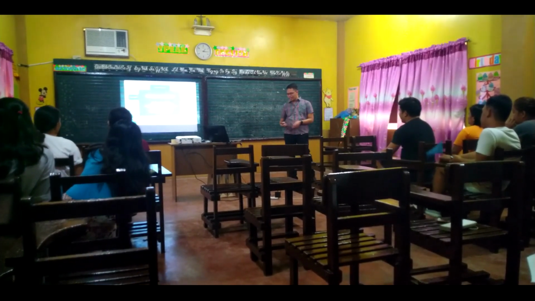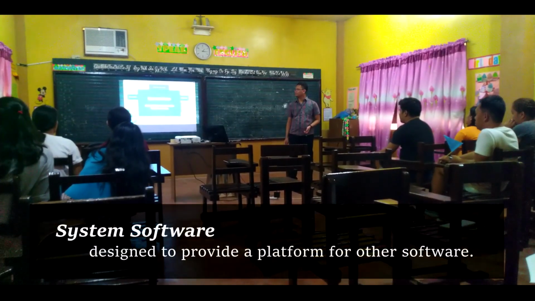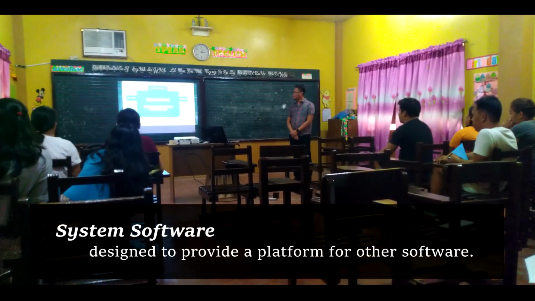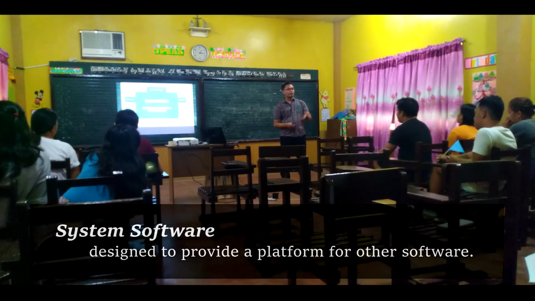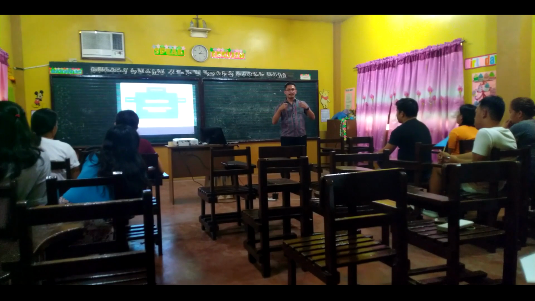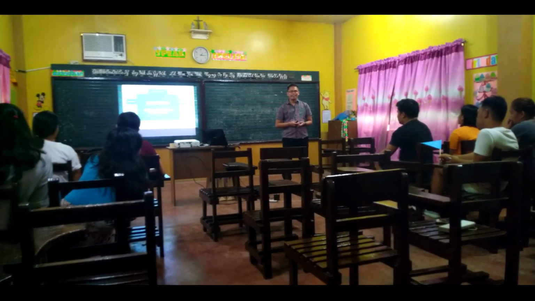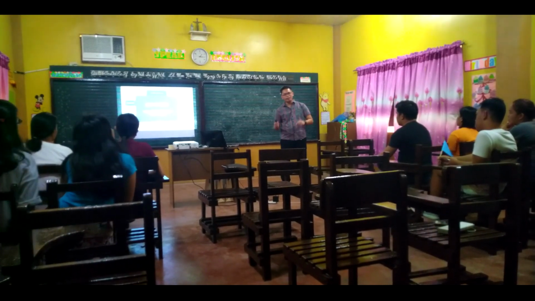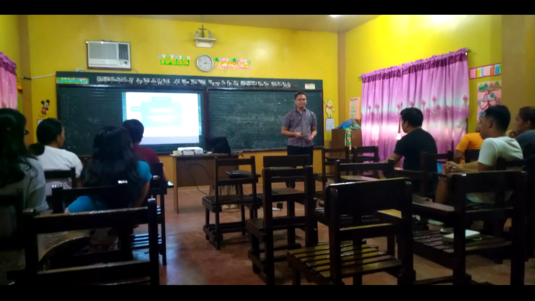Next we have the system software. Can you read? Who can give me an example of a system software? Operating system, that's the other word. But can you give me an example? Where do you find Microsoft Word and Excel? In Microsoft Office. And where do you find Microsoft Office?